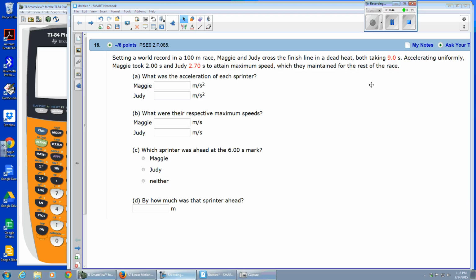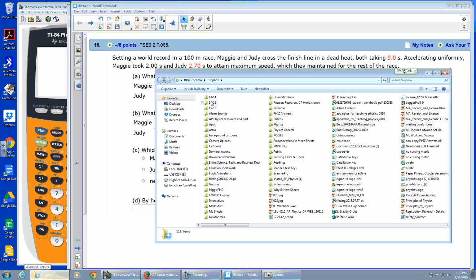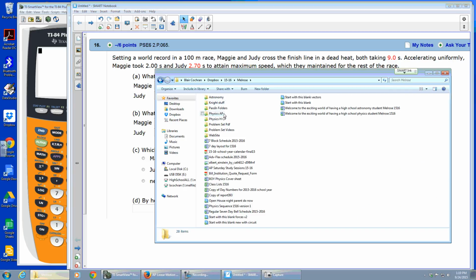Given that they're accelerating uniformly, we can use our relationships that have to do with uniform acceleration, the ones on our equation sheet. Maybe we should bring that up to make sure that we have it. Just get used to referencing that.